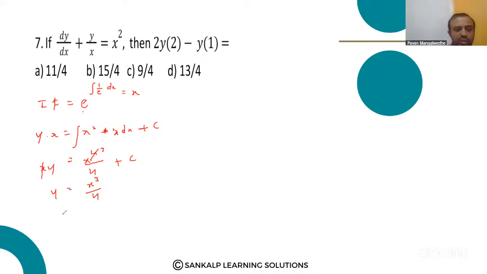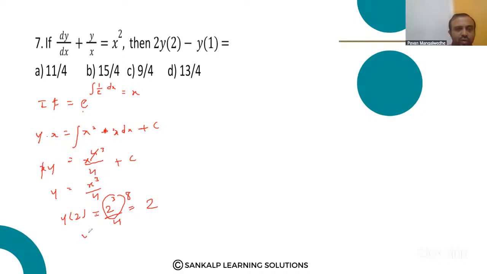So substitute this and calculate the value of x, that is y of 2. Y of 2 is what? It is 2 cube by 4. 2 cube is 8, so 8 by 4 is 2.